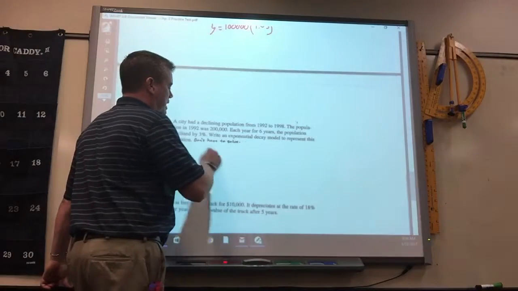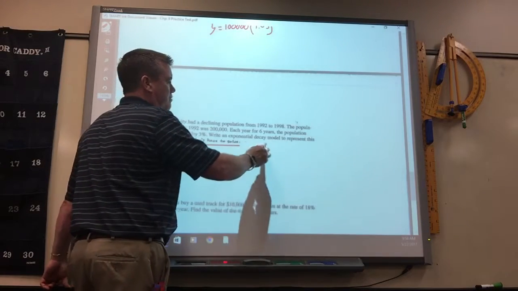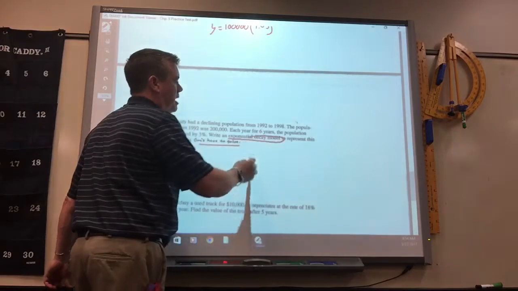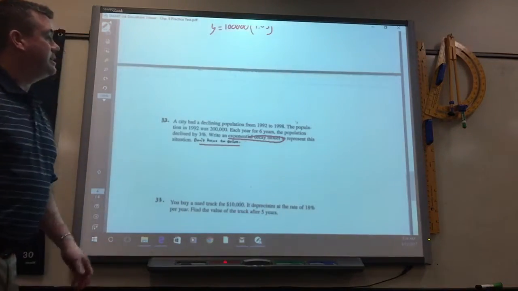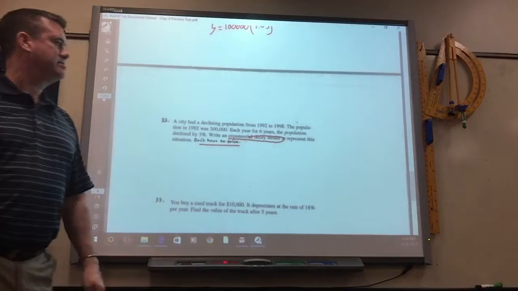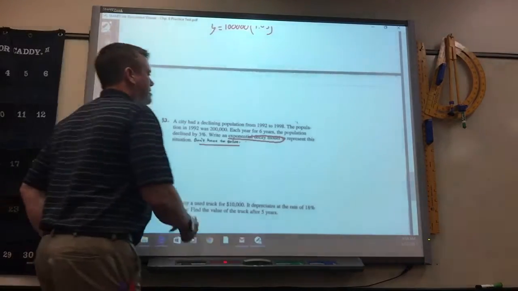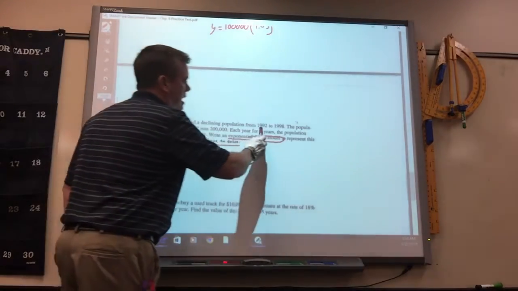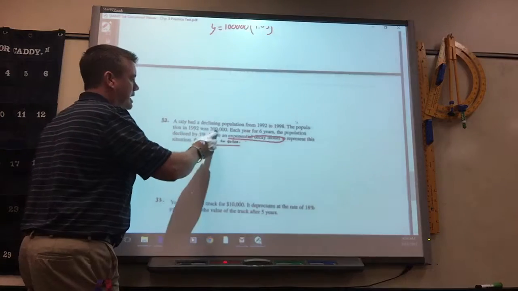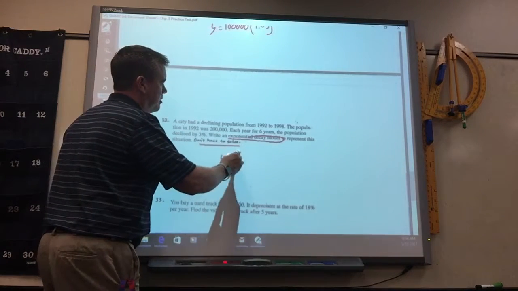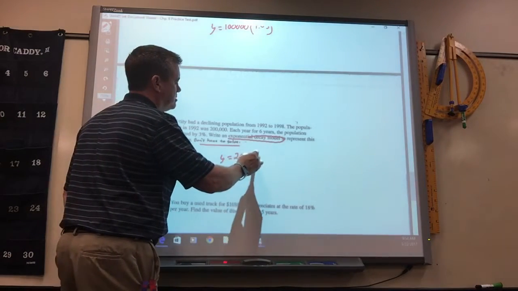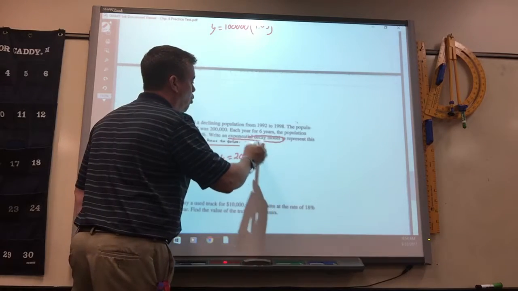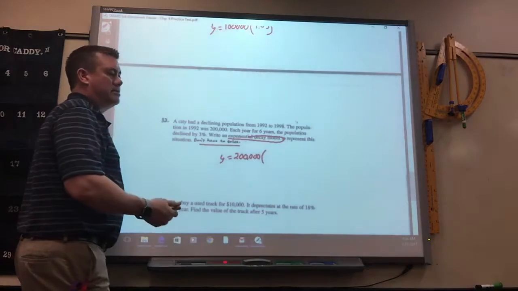Next one's the same thing. You don't have to solve it. You just have to write the exponential decay model, which is the equation. So again, it tells you here it's decay. So we got to take, it declined from 92 to 98. In 92 it was this. That's the initial amount times 1 minus the rate.